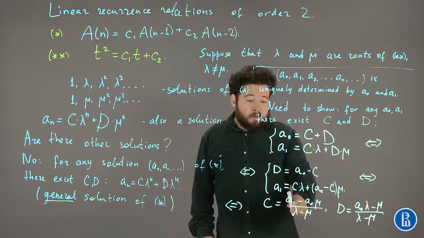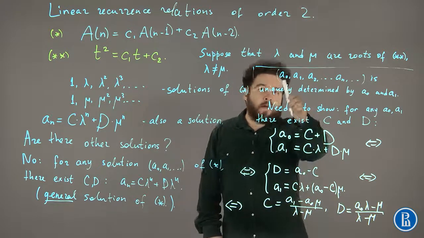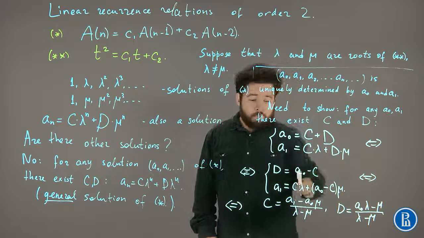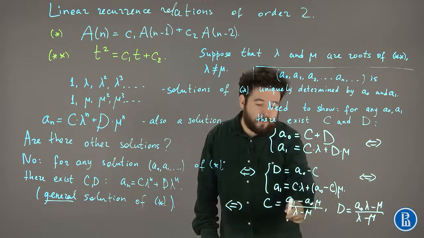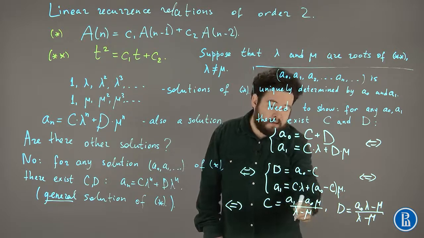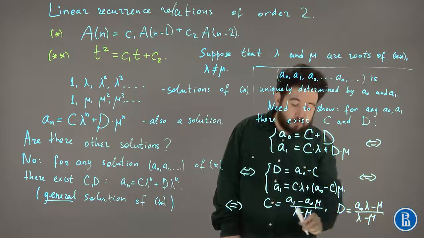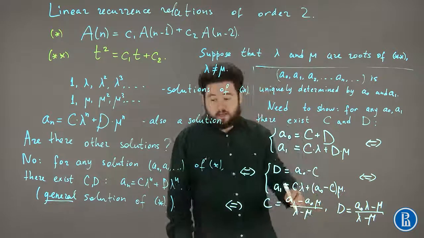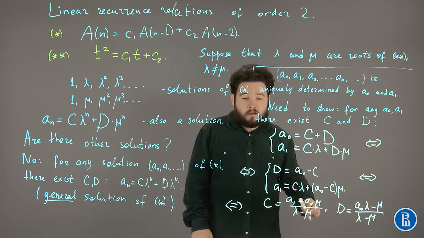So we have seen that for arbitrary a0 and a1, C and D are uniquely determined by these values a0 and a1 and the roots of the characteristic equation. So knowing these, we can reconstruct the whole solution.